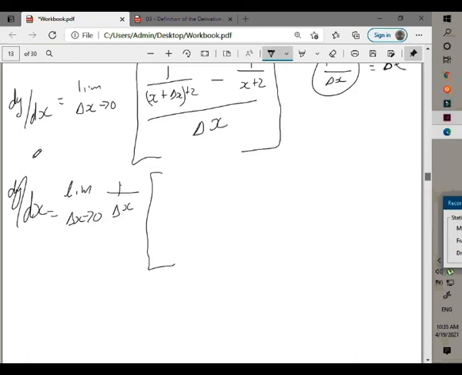Alright, so moving on now, so I have 1 over x plus delta x plus 2 minus 1 over x plus 2. Remember I moved the delta x out in front, right? So this is now, line is too close.